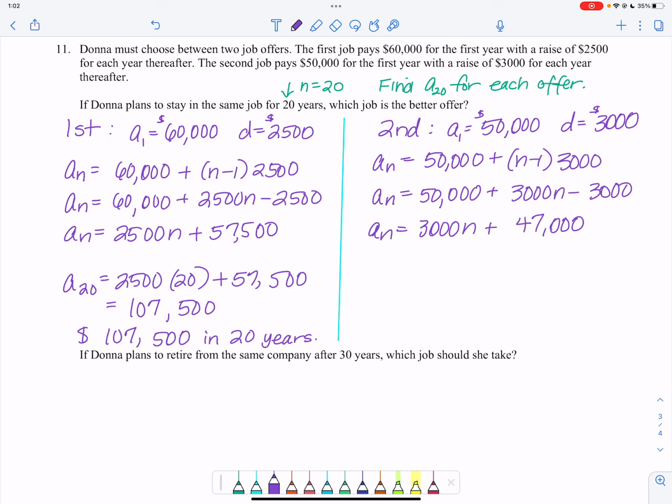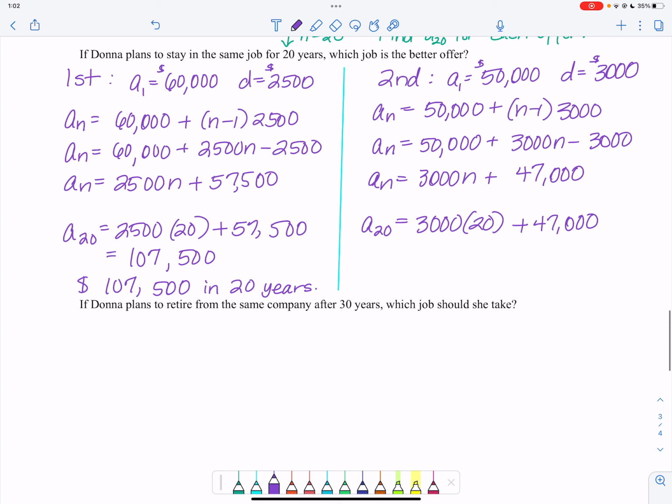And then we will use this formula to find a sub 20. So we have 3,000 times 20 plus 47,000. We come up with 107,000. And as you can see, the first offer is better.